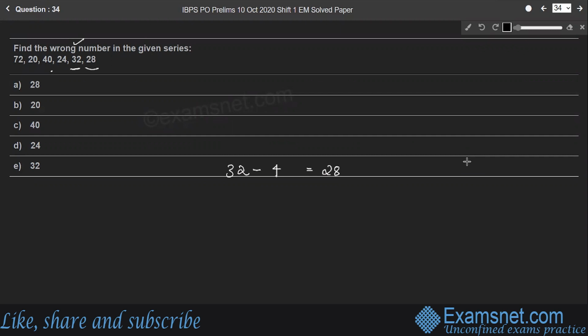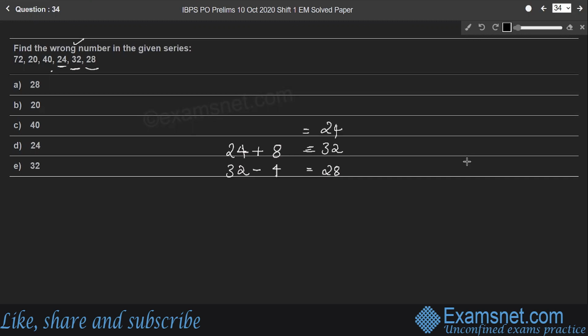The previous number 32 is obtained when a number is added to or subtracted from its previous number, which is 24. Therefore, a number should be added, because 32 is greater than 24. Therefore, 8 should be added to get 32.